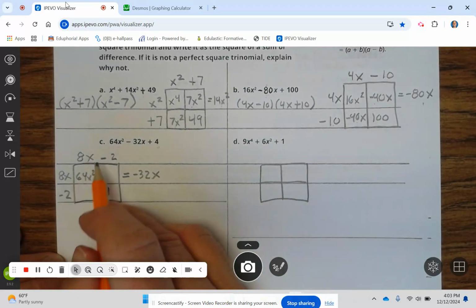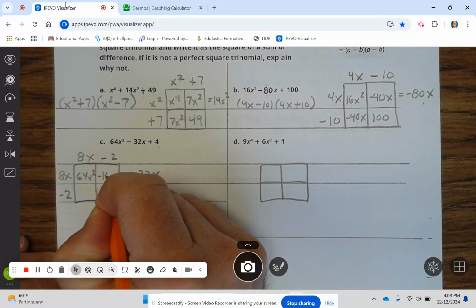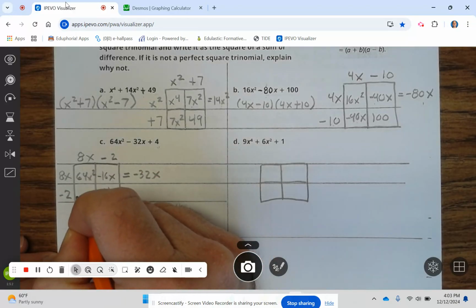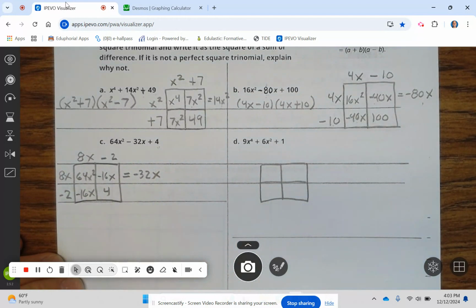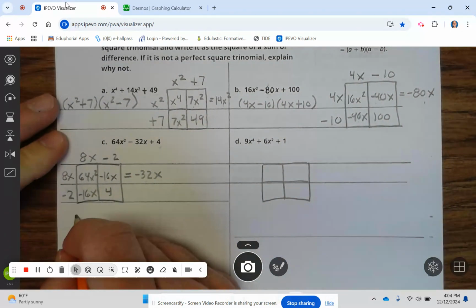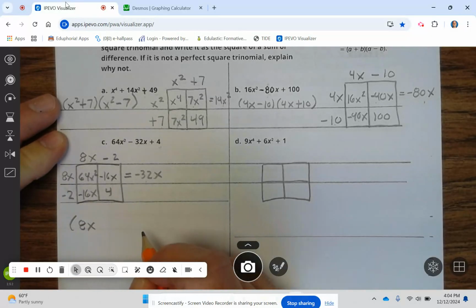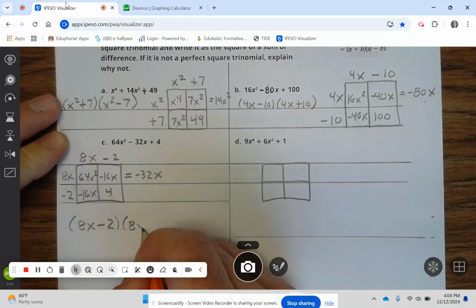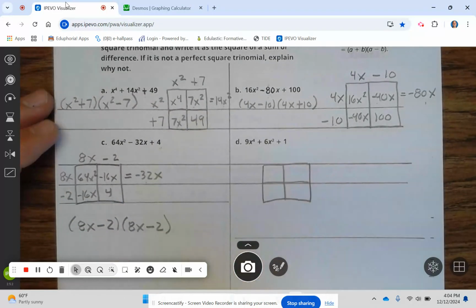Okay? Well, 8x times negative 2 is negative 16x. Negative 2 times 8 is negative 16x. This combines to be negative 32x, so this factors to be 8x minus 2 times 8x minus 2.